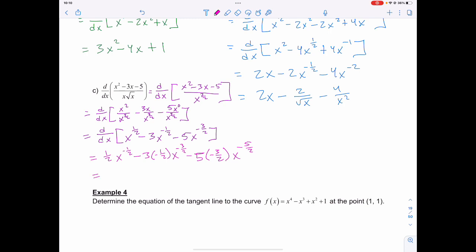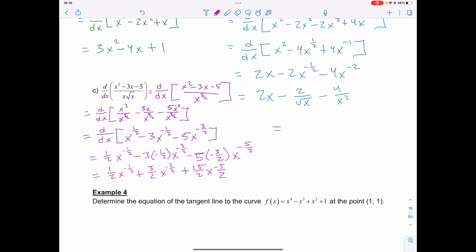Or 1 over 2 x to the negative 1/2 plus 3 over 2 x to the negative 3/2 plus 15 over 2 x to the negative 5/2.